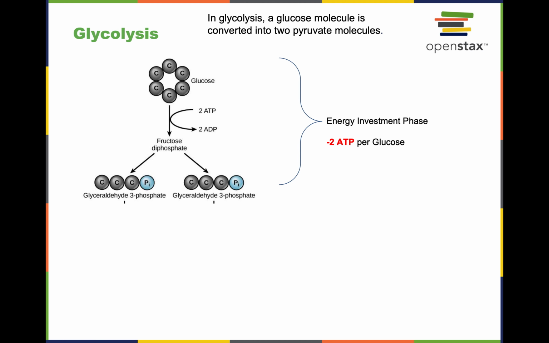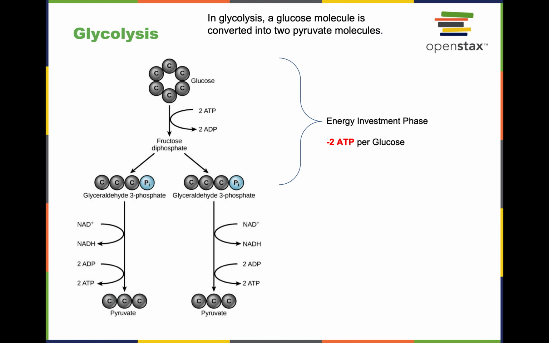Then each of these 3-carbon molecules, called glyceraldehyde 3-phosphate, goes through a series of reactions in which they lose electrons and they lose these phosphates that are attached to them to turn ADP into ATP.